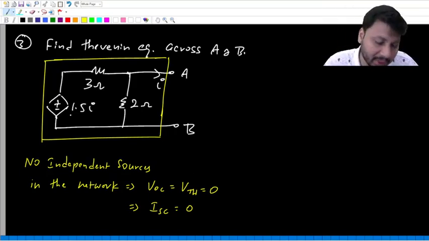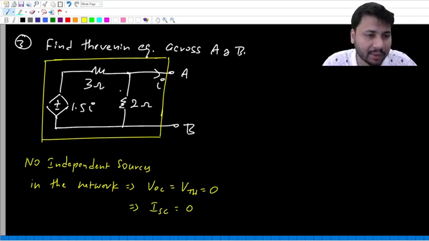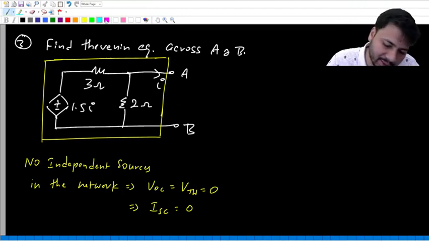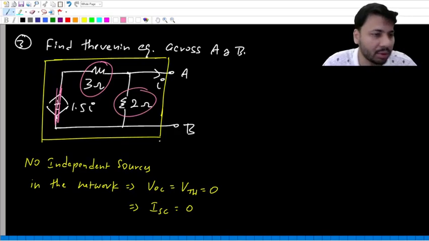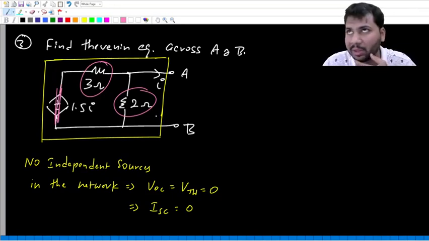And also, because there is this dependent source, you cannot simply find the equivalent resistance by using series parallel combination. For example, let's imagine this dependent voltage source is not there. It is a short circuit. Then this 3 ohm and 2 ohm both will be in parallel, and the equivalent resistance between A and B is 3 parallel 2, which is 3 into 2 by 3 plus 2, 6 by 5 or 1.2 ohms.